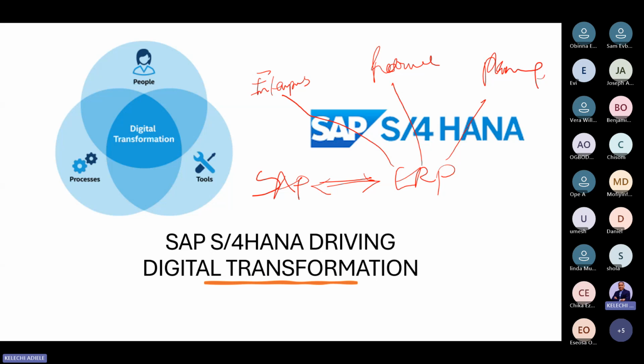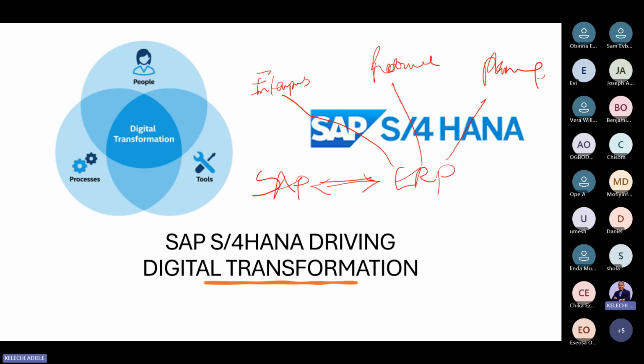But the three cardinal things you would find in any of these major ERPs or major software like SAP, Dynamics, Oracle, and the rest of them is that they are ERPs. And ERPs have three cardinal points. One, it's enterprise specific. Two, it considers resources, and three, there's a lot of planning.